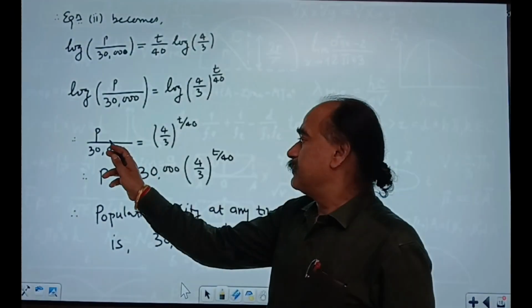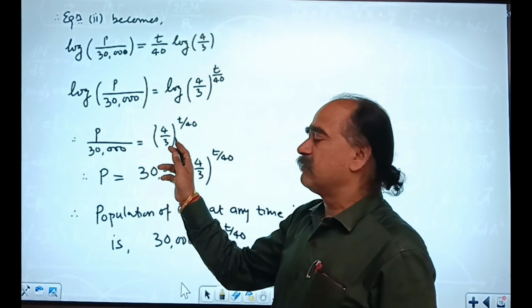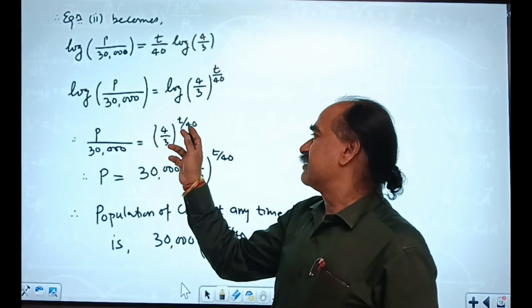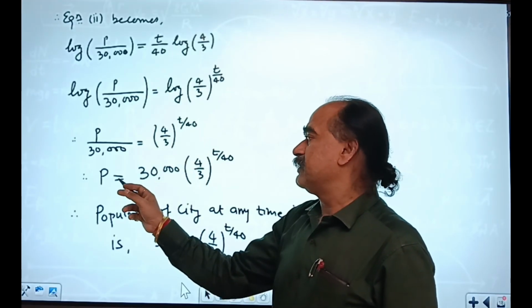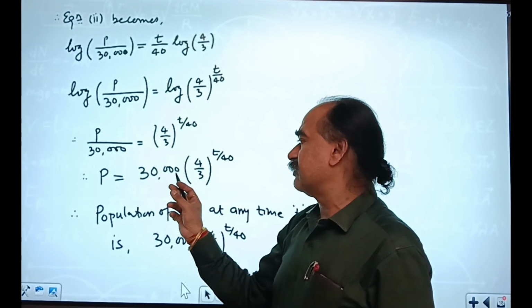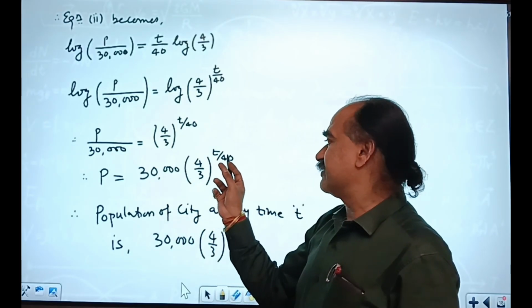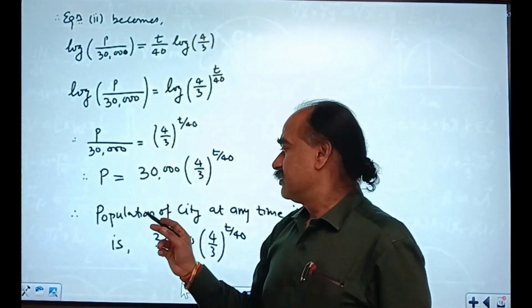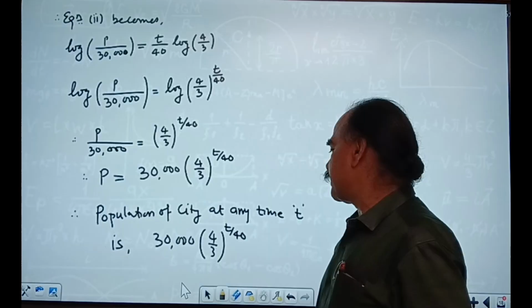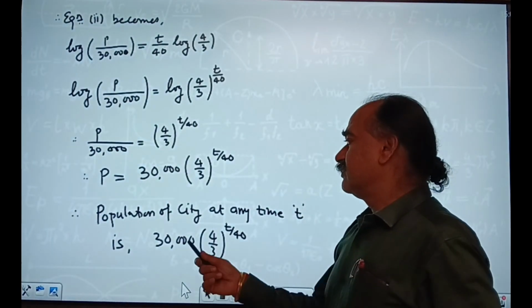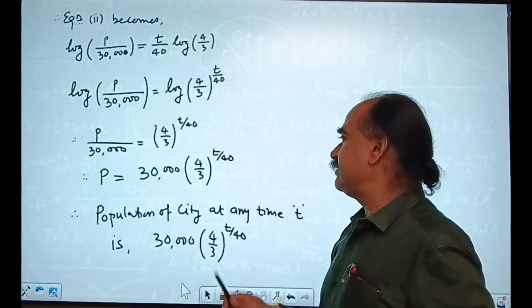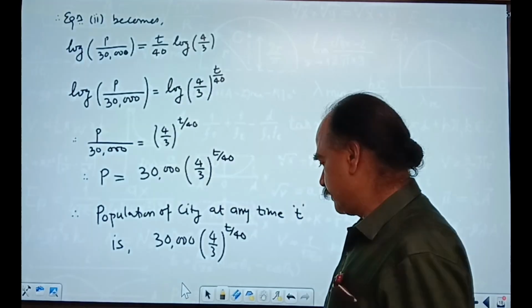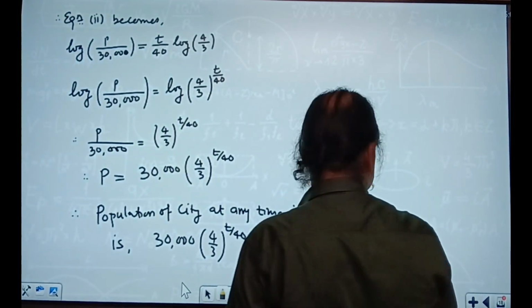So P upon 30,000 is equal to 4 by 3 raised to T by 40. So P will be what? Cross multiply: 30,000 into 4 by 3 raised to T by 40. Therefore, the population of the city at any time T is 30,000 into 4 by 3 raised to T by 40. We'll go to the next problem.